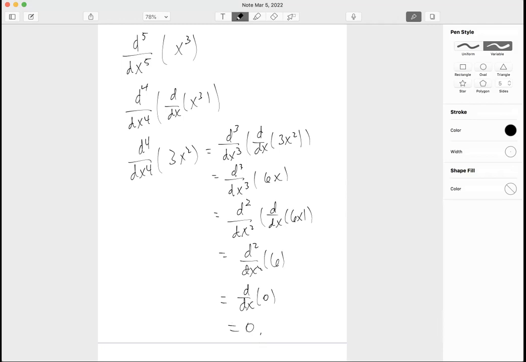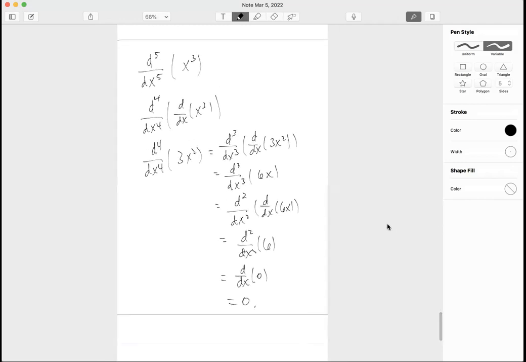So you can think of a pattern, right? At least for polynomials. What do you think happens? So when did we hit 0? Right, we hit 0 after 4 derivatives. And let's see what happens every time we took a derivative.